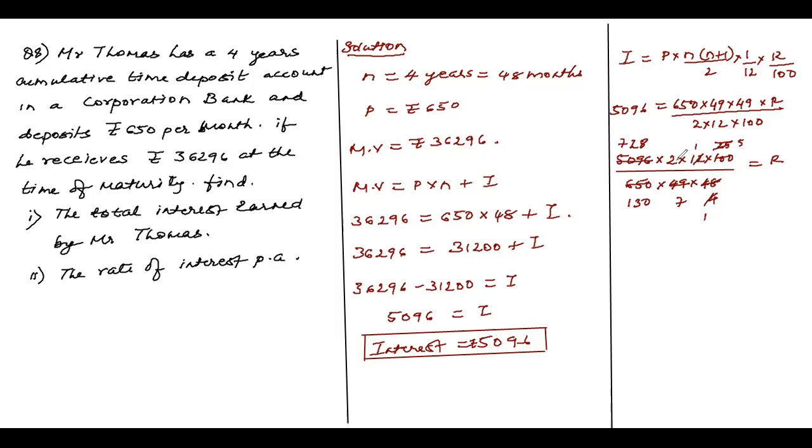This will become 2 one time, 2 65 times, 5 one time, 5 13 times. So this will become 728 divided by 7 one time, 7 104, the 13 eights, 13 one time. So I went on cancelling, children. So R is equal to 8%.